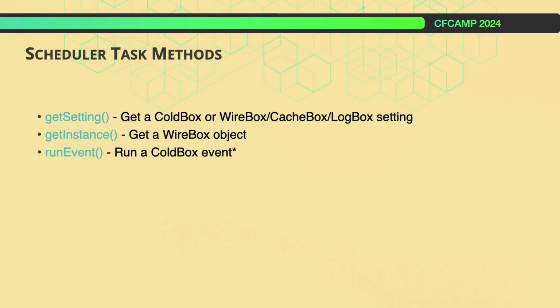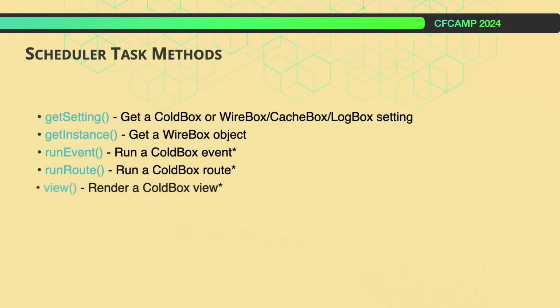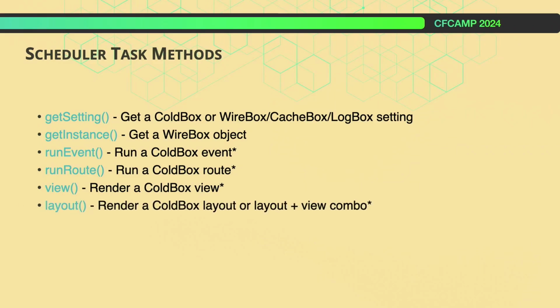If you're in ColdBox, of course, you can execute an internal event. You can run a route, right? So you can say, hey, go run this specific route. You can render a view, right? Right within your tasks. You can render a layout within your tasks as well, or combo, and do much more. So the rest you can build on your own. We just give you tiny little helpers for tasking.